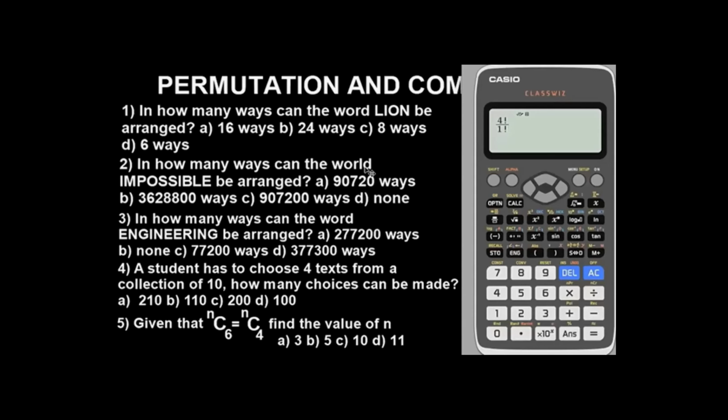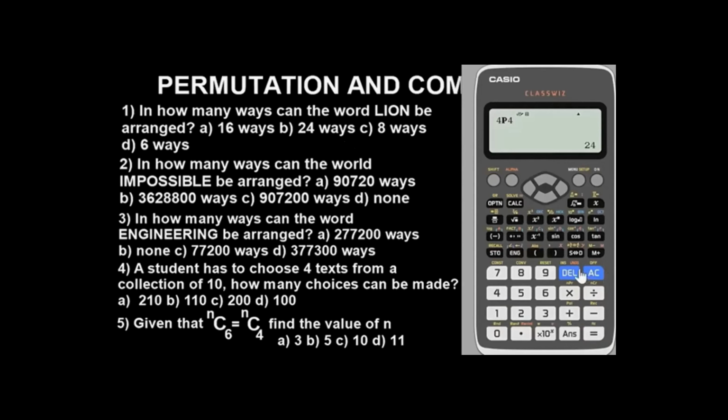No one is being duplicated. That's why we are using 1 factorial, since each letter is not appearing twice, just once. So 4 factorial over 1 factorial is equal to 24, so the answer is 24 ways. Another way you can do it simply is to press 4, then the permutation sign nPr by pressing shift and the multiplication button, 4 permutation 4, equal to 24 ways.